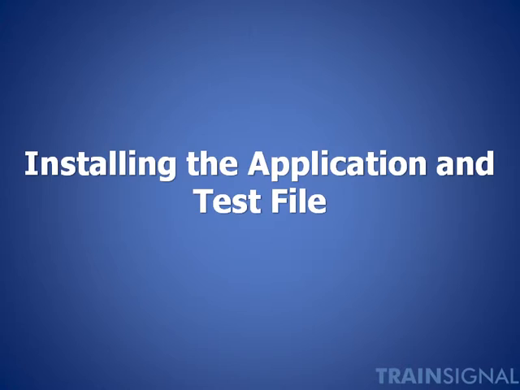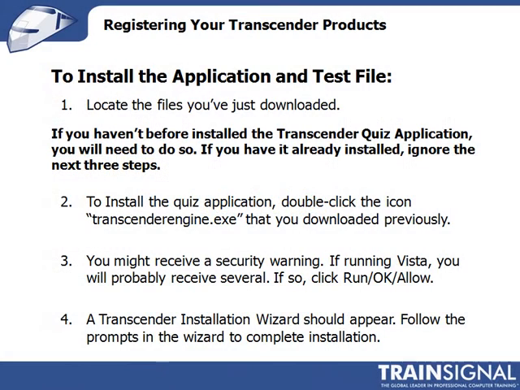To install the application and test files, step number 1 is to find the files that you've downloaded from the website. After that, if you've never installed the Transcender quiz application, you will need to install that before installing the quiz file. And since I have never installed the Transcender quiz application, that's what I'm going to be doing first.